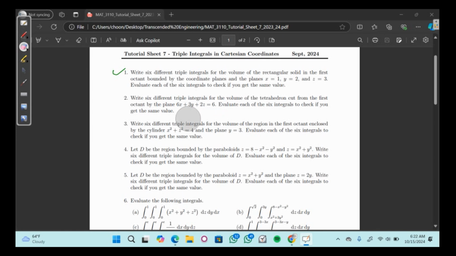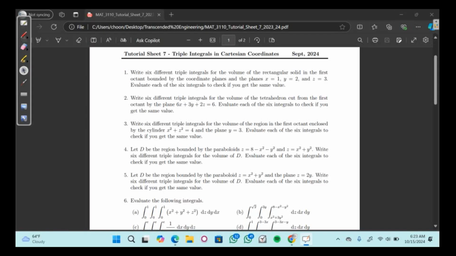Of course, evaluating all six will take a lot of time, but we'll see how best we can approach this so that you can come up with the others by yourself. We are given 6x plus 3y plus 2z equals 6.